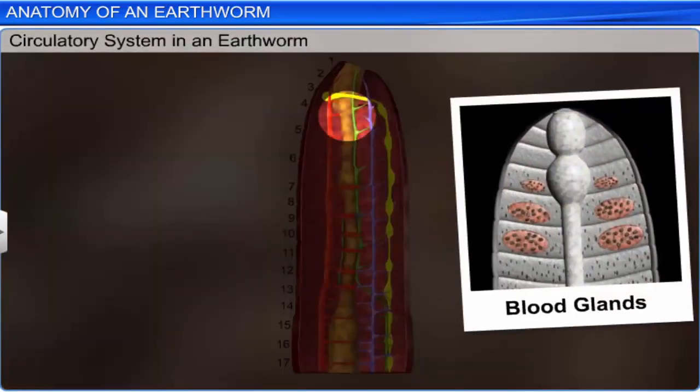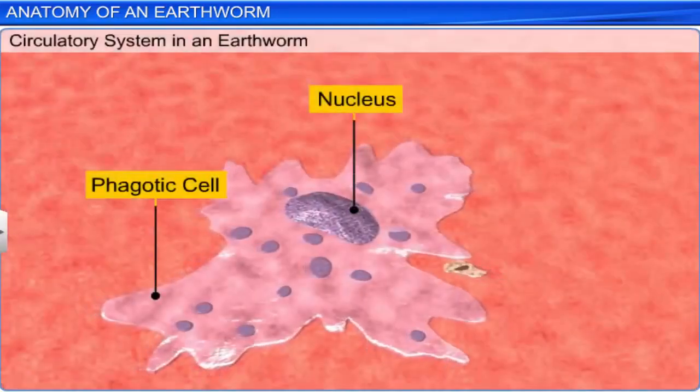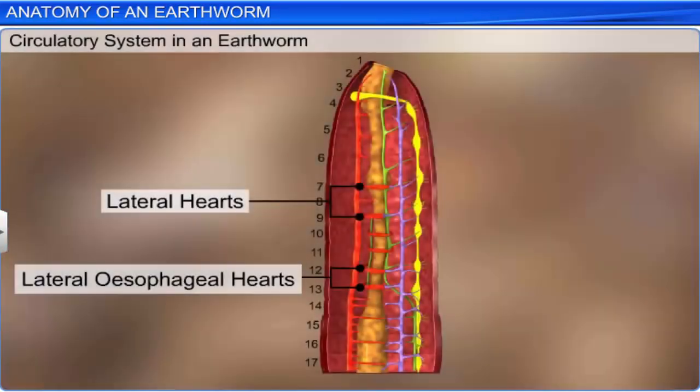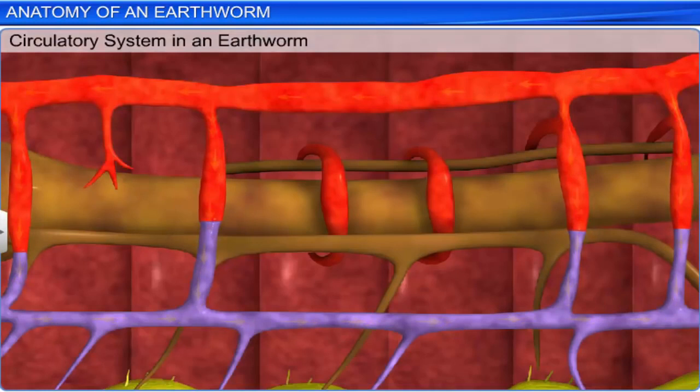Earthworms also have blood glands between the 4th and 6th segments that produce blood cells and hemoglobin, which are dissolved in the blood plasma. These blood cells are phagocytic in nature. Moreover, the hearts, which are important organs in the circulatory system, help circulate blood in one direction.